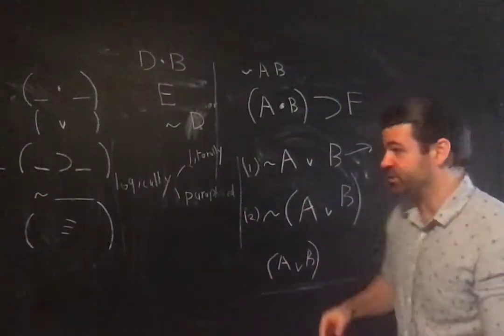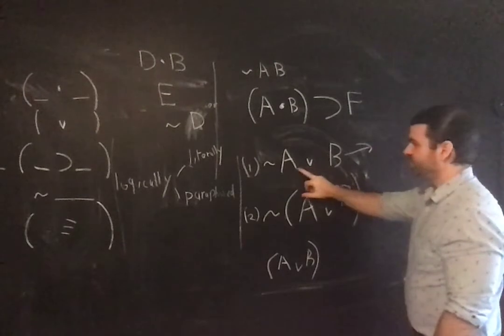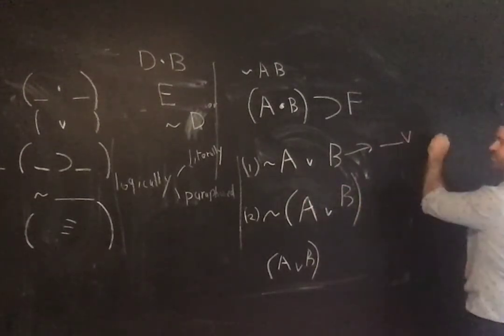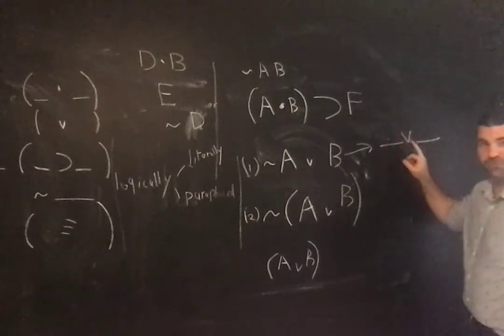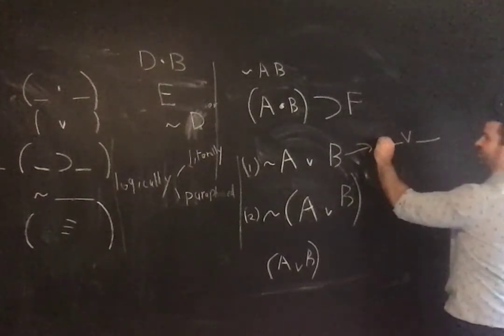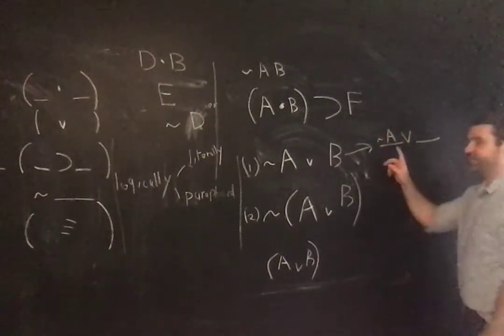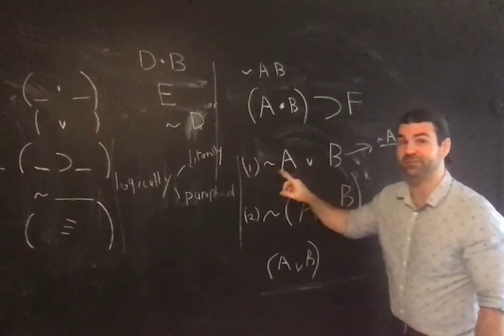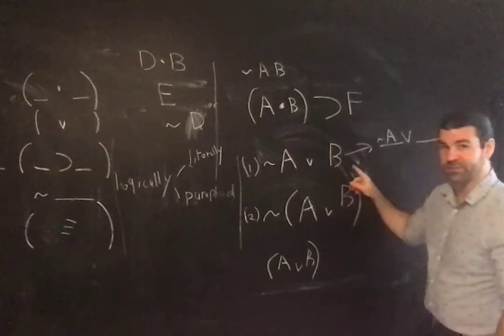One is a disjunction, where the last step in the order of construction is that I disjoin two formulas. The formula on the left here is not A. This is a disjunction where the left disjunct is not A and the right disjunct is B.